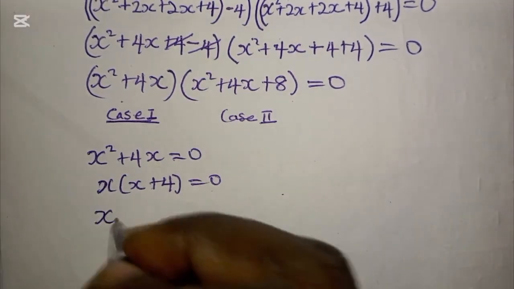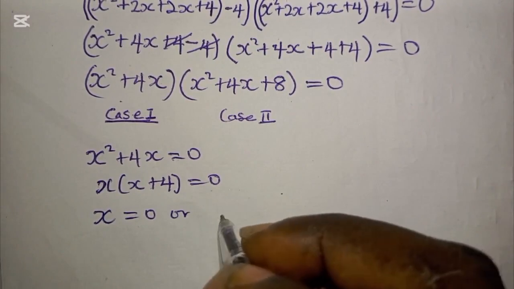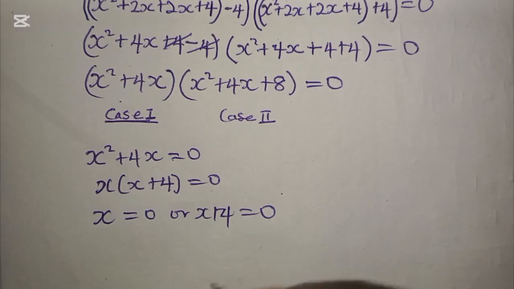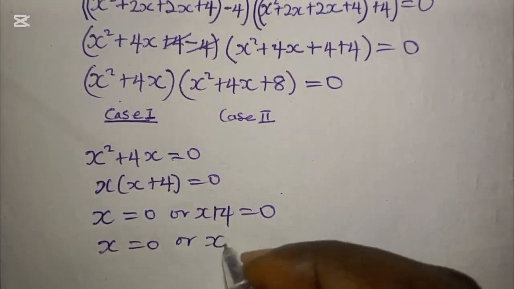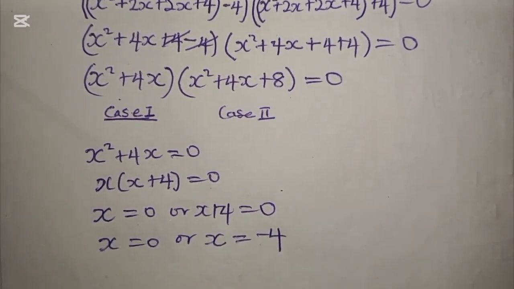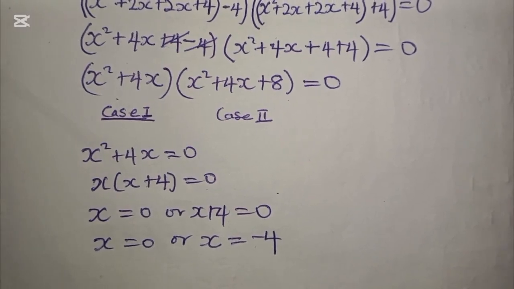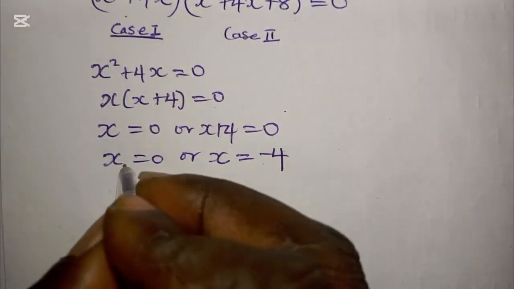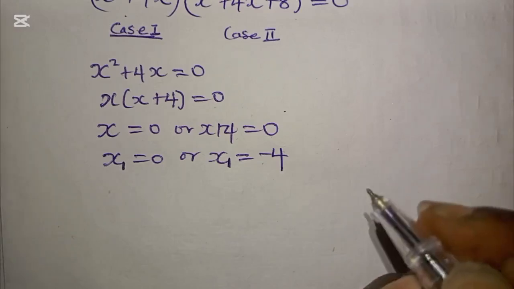It means x is equal to 0 or x + 4 equals 0. It means x is equal to 0 or x equals minus 4. That is for the first case. Let me call this one x1, let me call this x2.